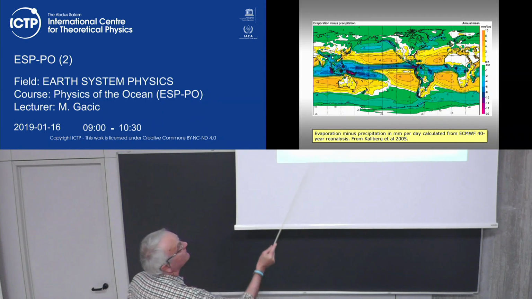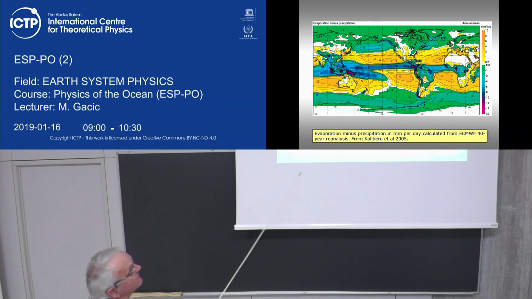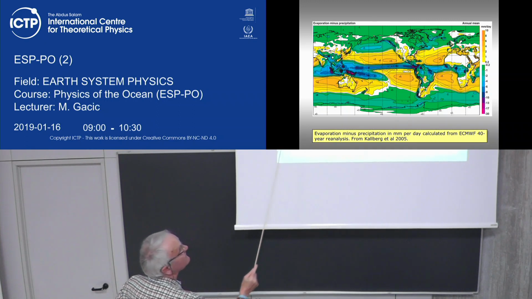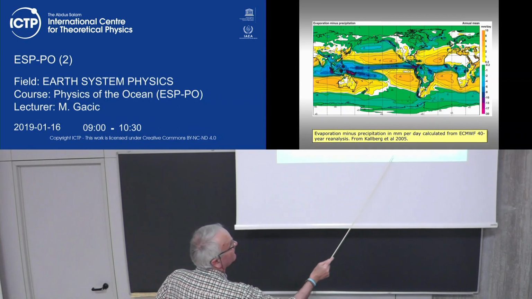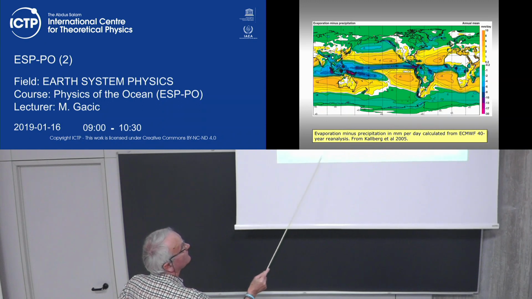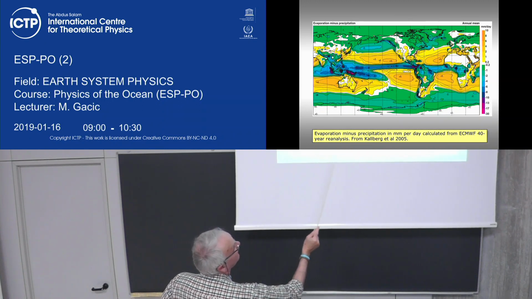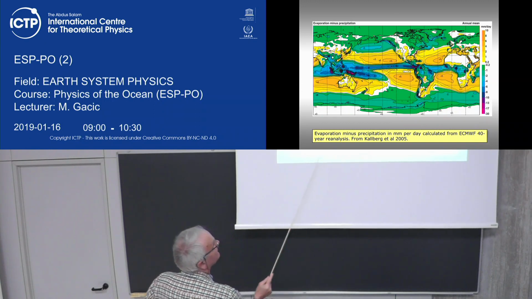If you look at the evaporation minus precipitation, it seems that if you do the integral over the entire area, the evaporation minus precipitation is stronger here than there, because here it is around 0, this is -2, and so forth.